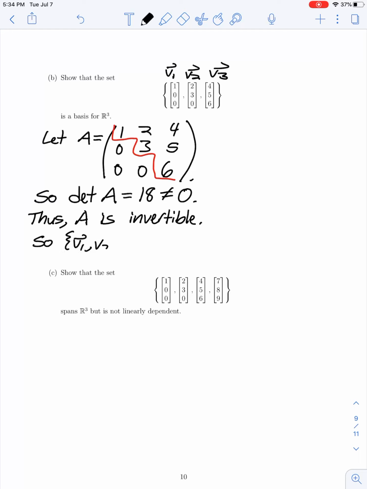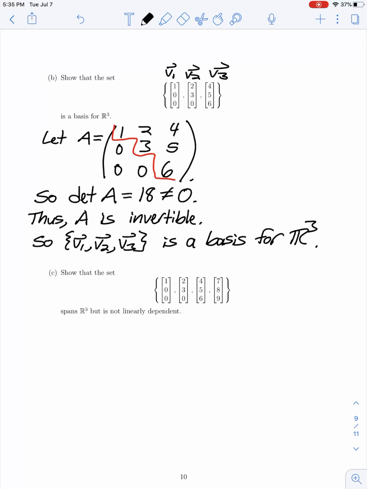So here, our set of vectors v1, v2, v3 is a basis for R3. Comparing this to part A, by adding one additional linearly independent vector, we now have a basis where we did not have that in part A with the set of only two vectors.